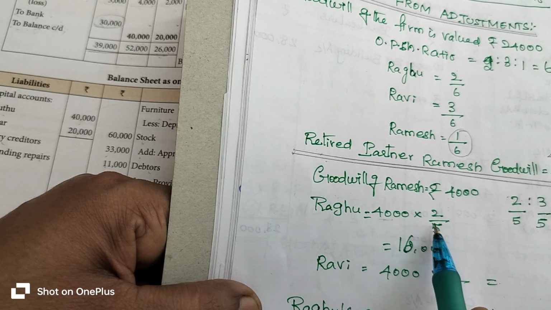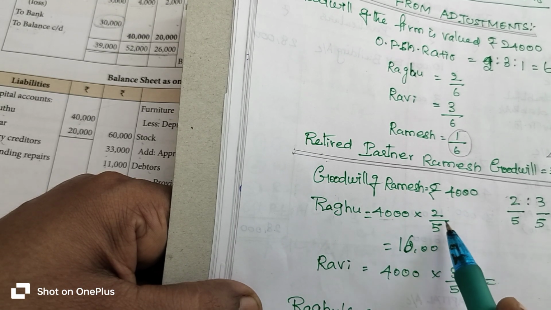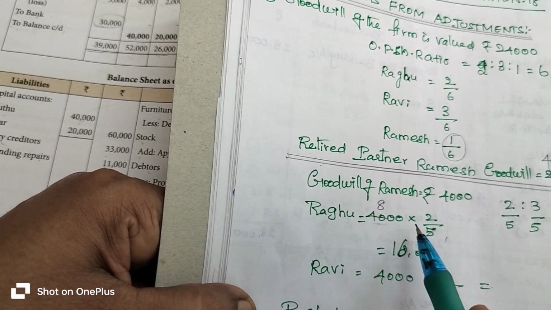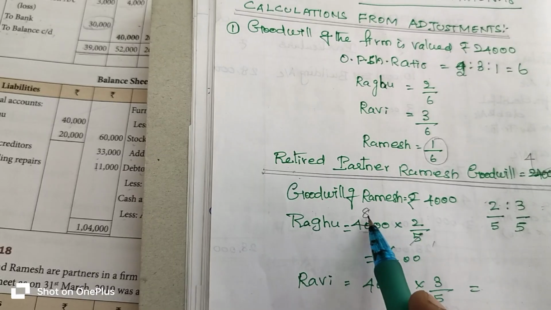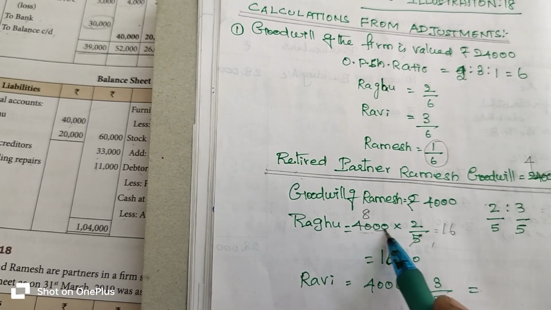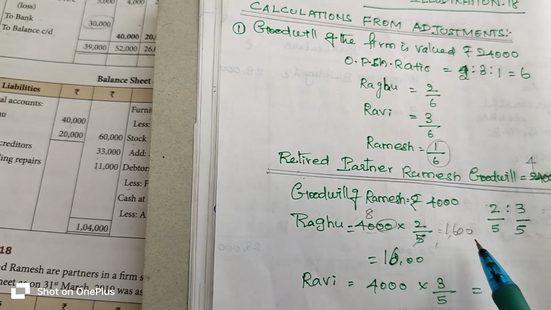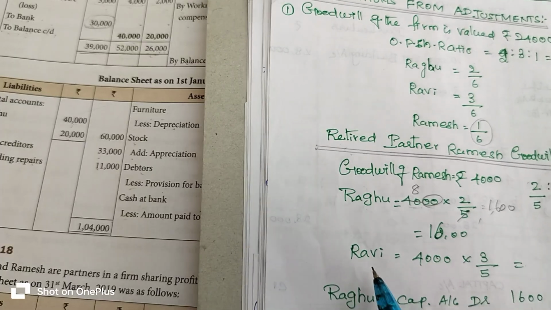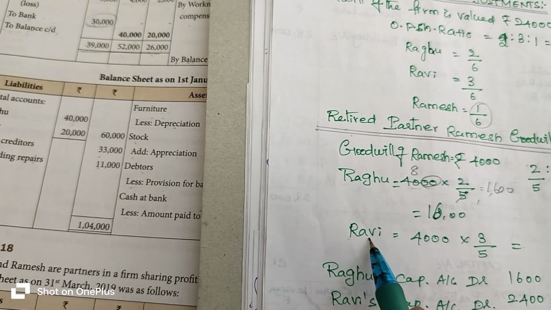What is Raghu's share? 1/5 is 5, 8 5s are 40, then 2 8s are 16, 2 zeros to be added here. 1,600 will be transferred to Raghu's capital account.